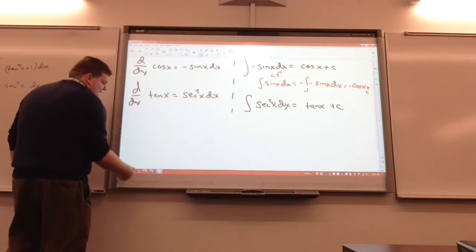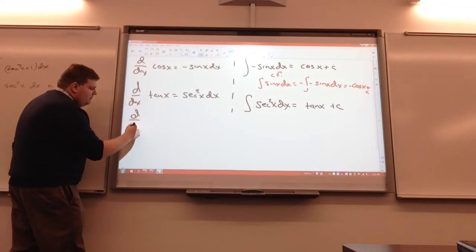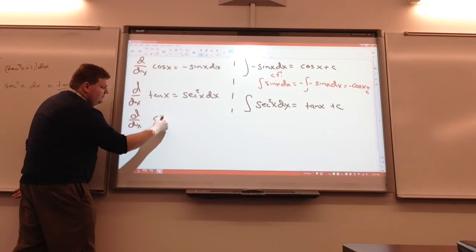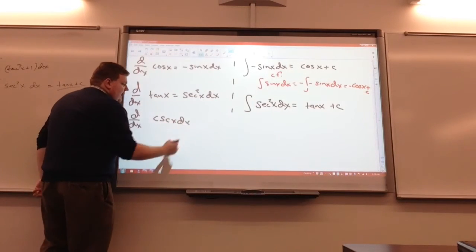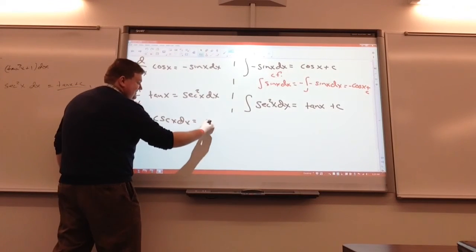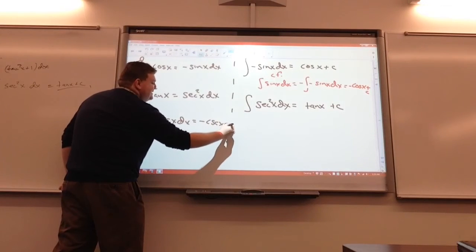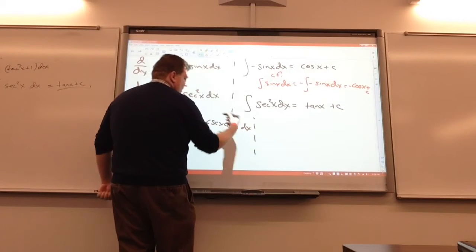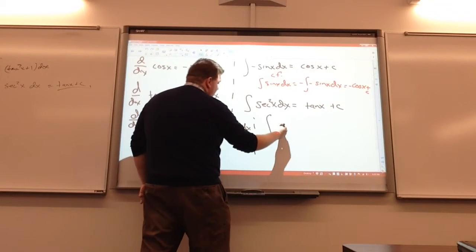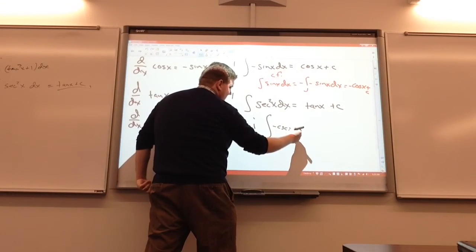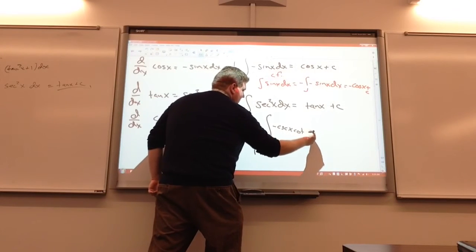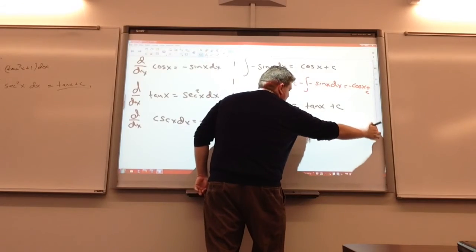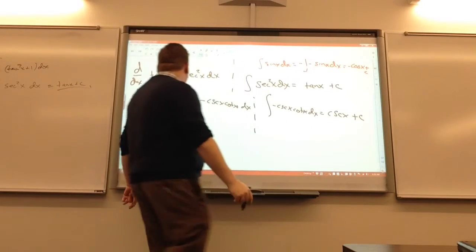So the last three, I'll go ahead and write them out because it's good review. Do cosecant first. I hate cosecant, by the way. So that means the integral of minus cosecant of x cotangent of x dx is equal to the cosecant of x plus c.